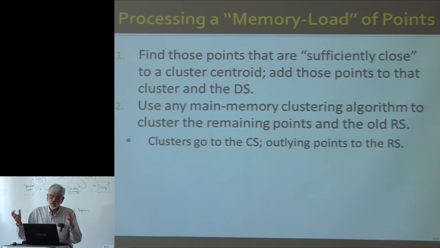By the way, you know how many points you're adding, so that tells you how much to add to n, the count of points, and then you've got the sum vector, so you just add these points to that sum vector, and then you take the squares of the coordinates of these points, and you add that to the sum squared vector. So that's how points get integrated into a cluster.